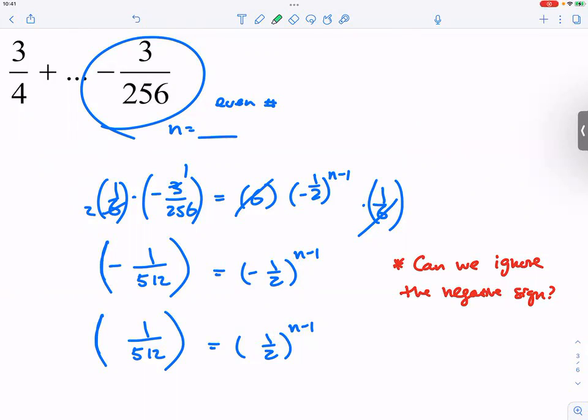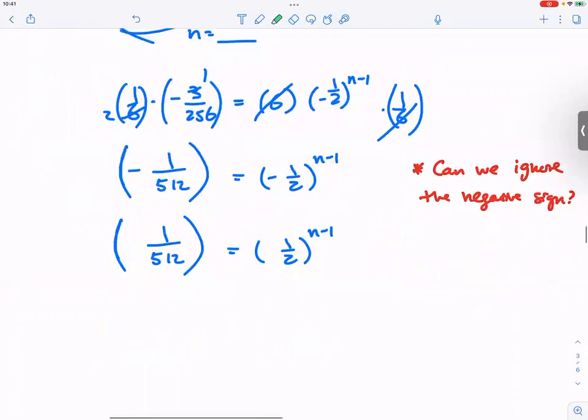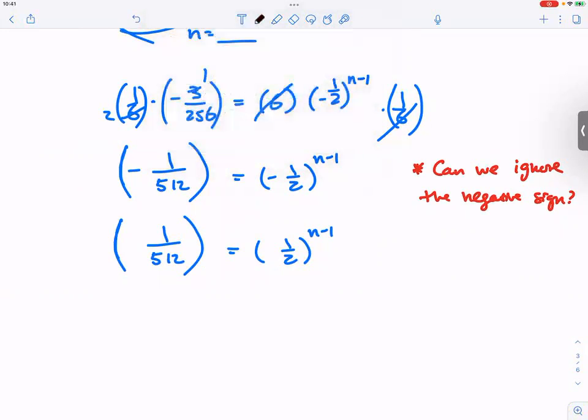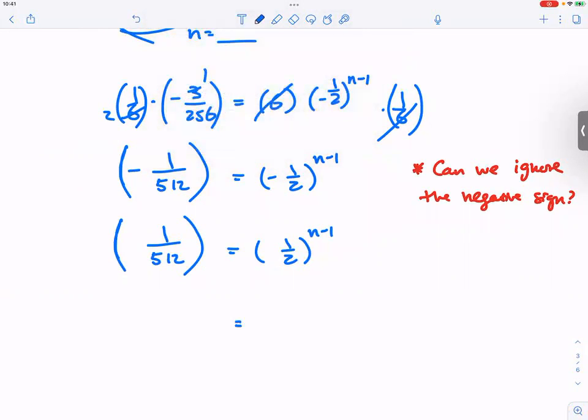So we can move ahead and say, all right, those two negatives cancel each other out because we knew something. If you don't know that piece of information, you cannot ignore the negative sign. But we could ignore the negative sign because we knew that n is going to be an even number, n minus 1 would be an odd number. And if you have a negative number raised to an odd number, it would remain negative, so it stays there.